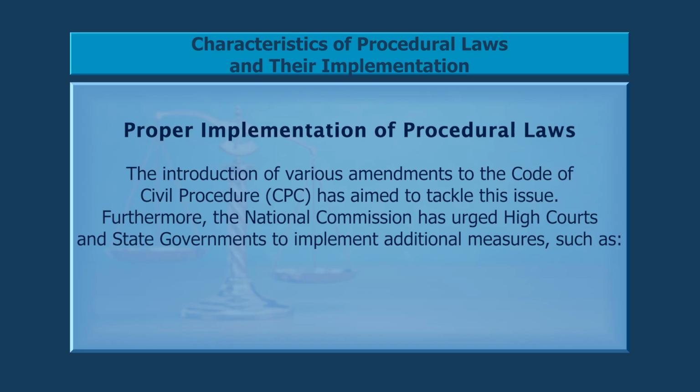Furthermore, the National Commission has urged high courts and state governments to implement additional measures such as one-time collection of process fee, combining process fee with court fee, and using information and communication technology to facilitate faster service of process.